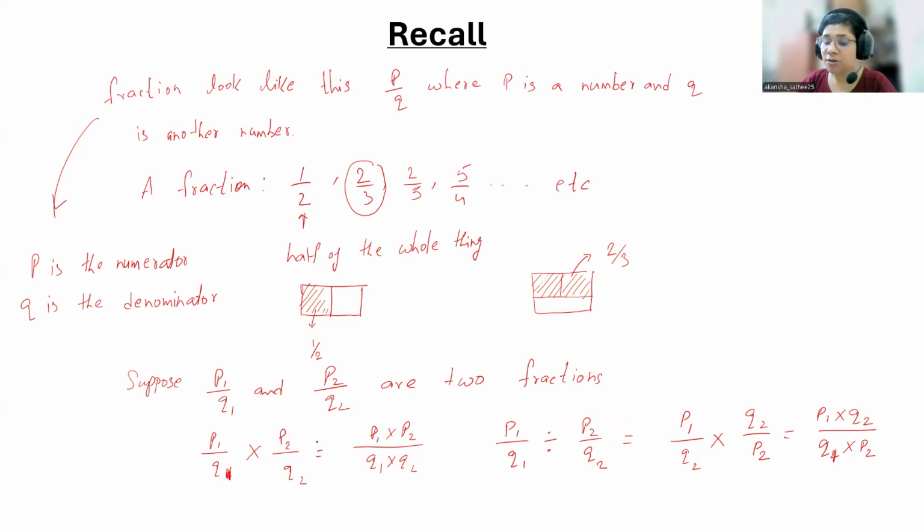And how do we divide them? Let's say you want to divide P1 by Q1 by P2 by Q2. You just swap the second fraction, replace the division sign with multiplication, and use Q2 upon P2. Now you know how to do multiplication and division while dealing with fractions. These are the simple rules. But how to add and subtract them? That we will see today in detail.